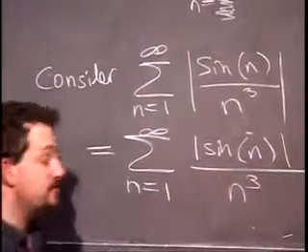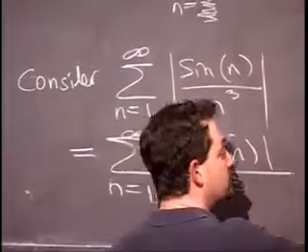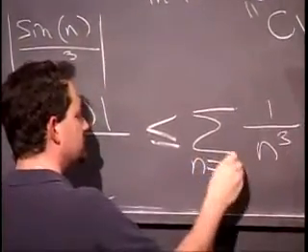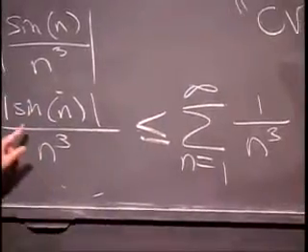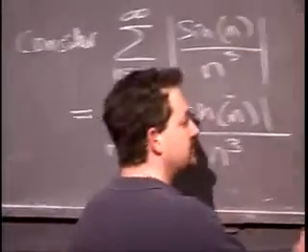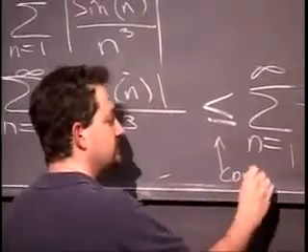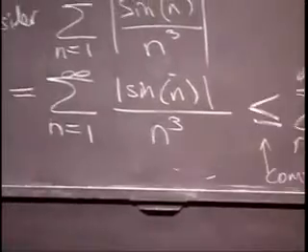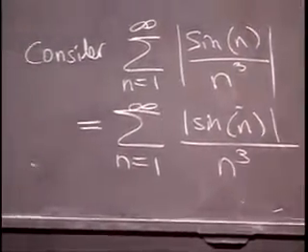Sine n is less than or equal to 1. So we're going to use direct comparison with 1 over n cubed. And we're allowed to do this now because everything is positive. The comparison test needs everything to be positive. You cannot do the comparison test on the original series because sine n could be negative.